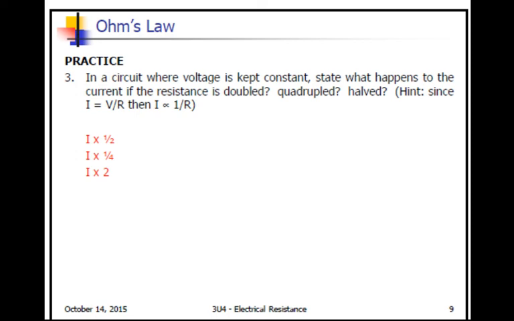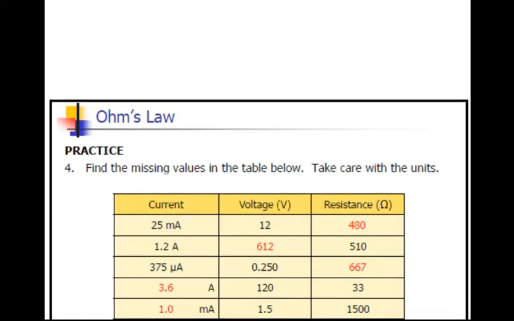If the resistance is quadrupled, the current gets cut to a quarter. And if we halve the resistance, it would be like dividing by 0.5, which is the same as multiplying by 2, so the current would be doubled in that case.